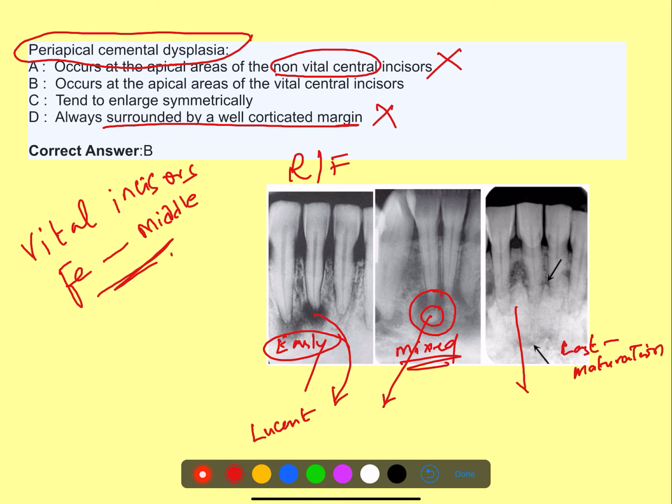In the maturation stage, complete radio opacity can be seen at the apical regions. So this is wrong, and they will not enlarge symmetrically. So the option can be taken as apical areas of the vital central incisors. So the most common things here are incisors.